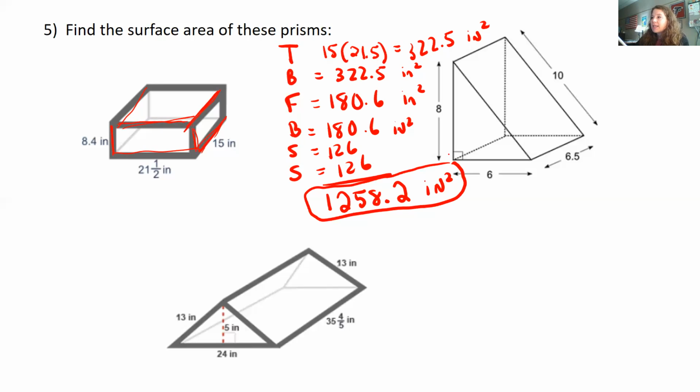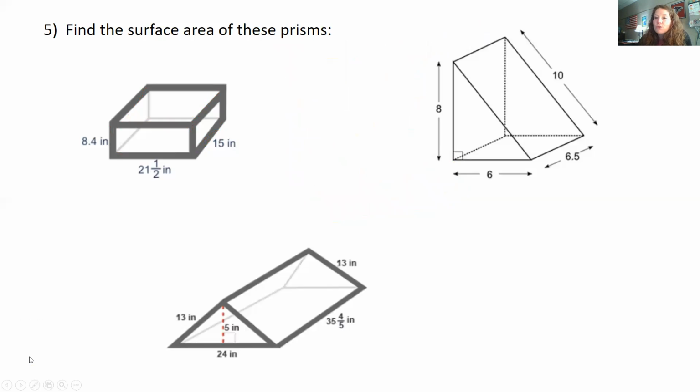All right. Now the other 2 have triangles, correct? Those are prisms because all the sides are rectangles, but they're triangular prisms because the bases are triangles. When you're finding the area of a triangle, make sure you're looking for that 90-degree angle.